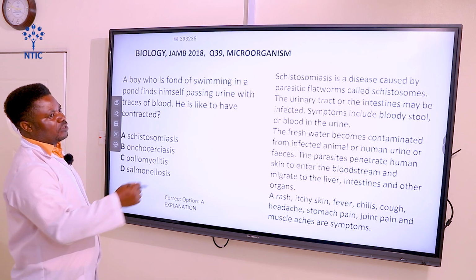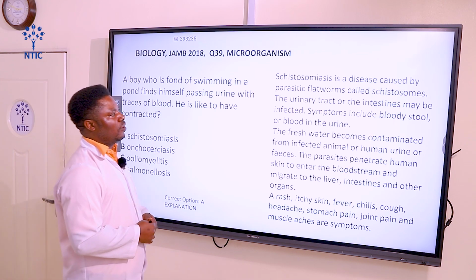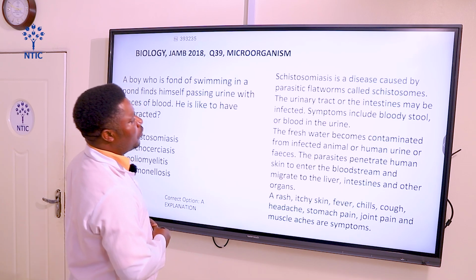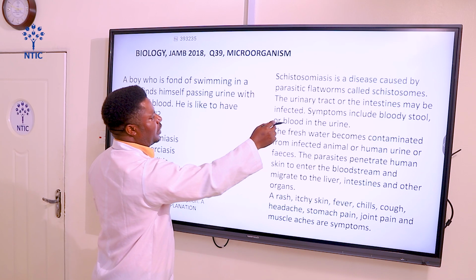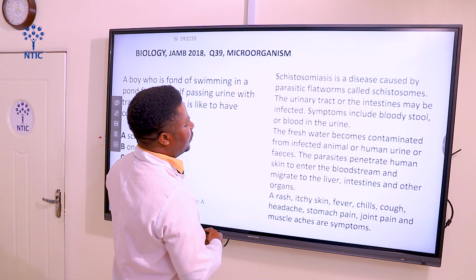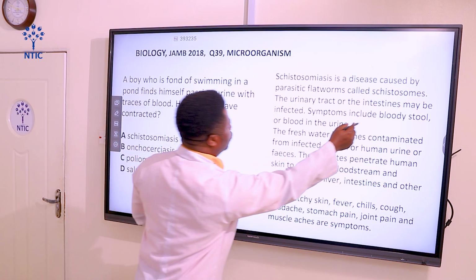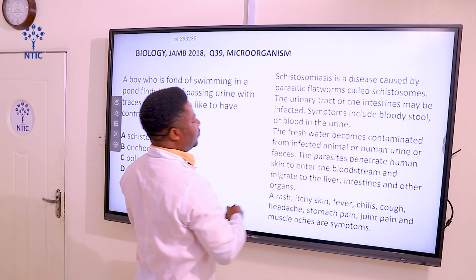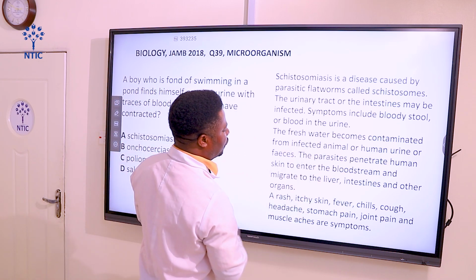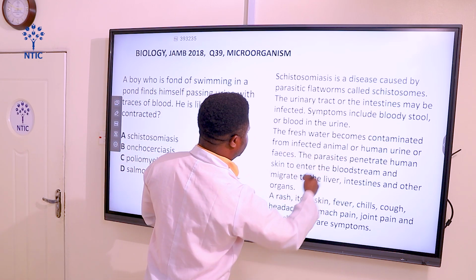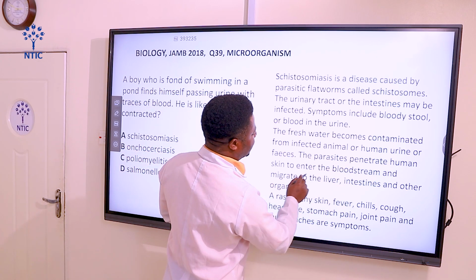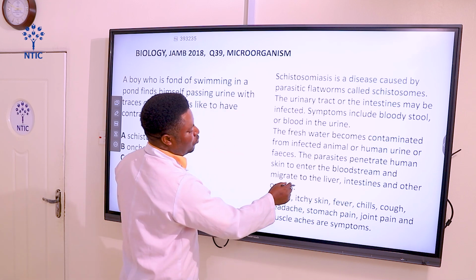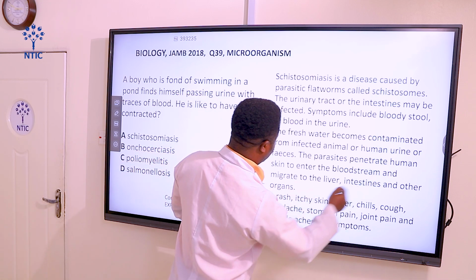We said schistosomiasis is a disease caused by a parasitic flatworm called schistosome. The urinary tract or the intestine may be infected. Symptoms include bloody stool or blood in the urine. The fresh water becomes contaminated from infected animal or human urine or feces. The parasite penetrates human skin to enter the bloodstream and migrates to the liver, intestine, and other organs.